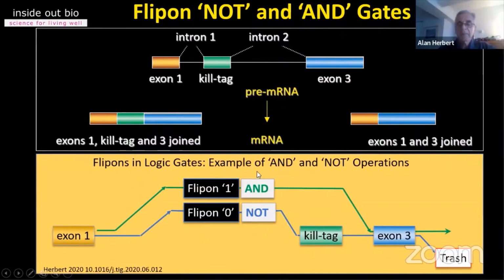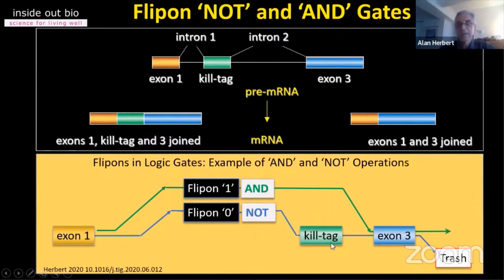So being able to use Flipons to change the outcome of an RNA splicing process is quite easy to do, and it just illustrates how Flipons can control this particular inclusion of this tag. So the Flipon, by excluding this kill tag, makes an AND gate. By including this kill tag, makes a NOT gate.